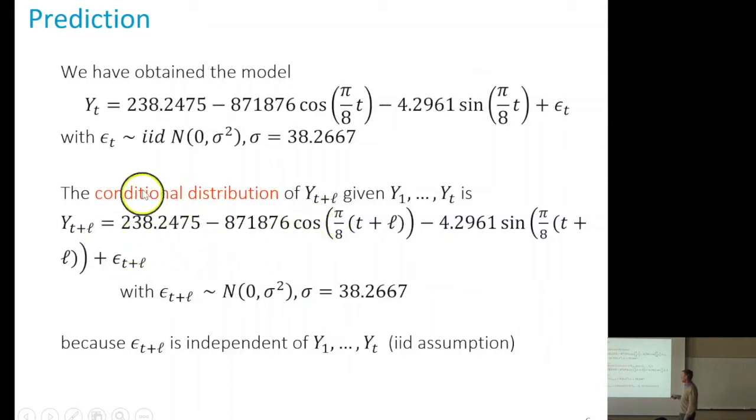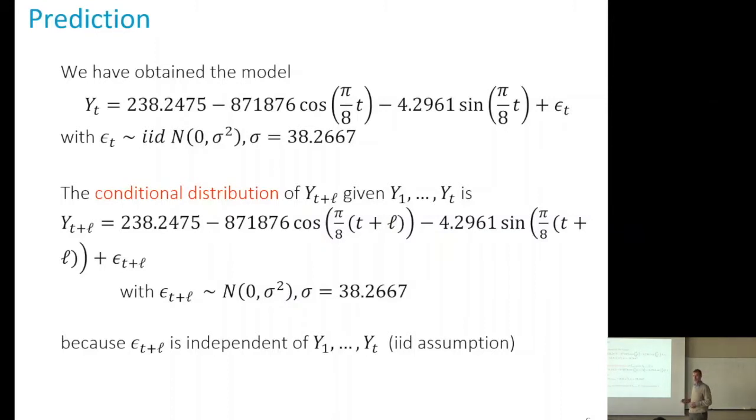Well, in my model, I assume that the epsilons are independent of each other. So having observed everything up to time t gives me no information on epsilon_{t+L}. So the conditional distribution of epsilon_{t+L} plus a constant is the same as the unconditional distribution.